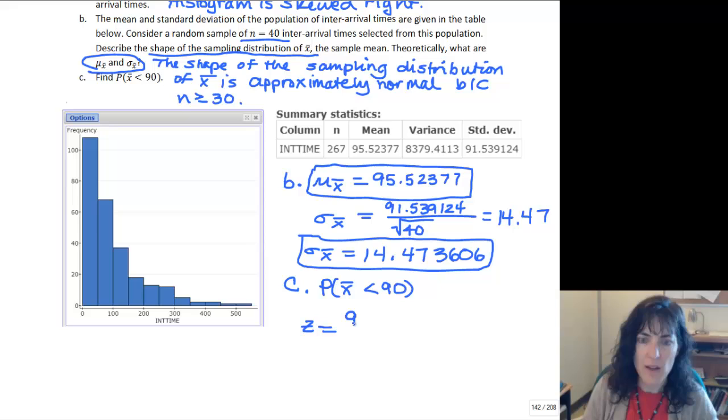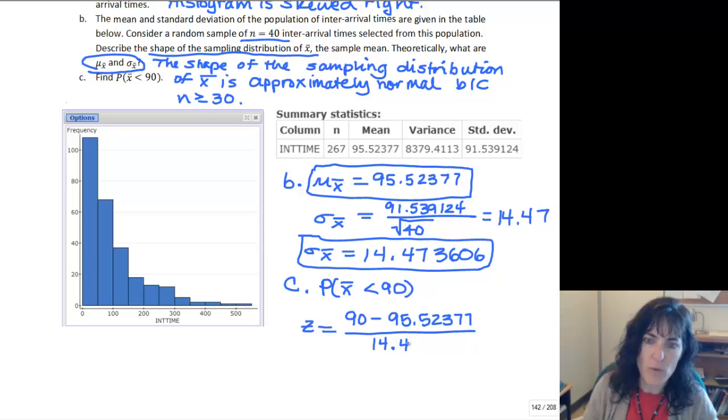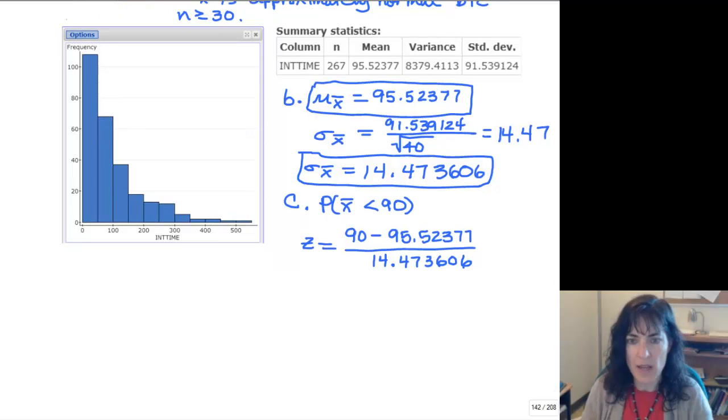So I'm going to take my X bar minus my mean for the sampling distribution, 95.52377, divided by my standard deviation for the sampling distribution, 14.473606, and then I'll calculate that, 90 minus 95.52377, and of course I get negative 5.52377 divided by 14.473606.